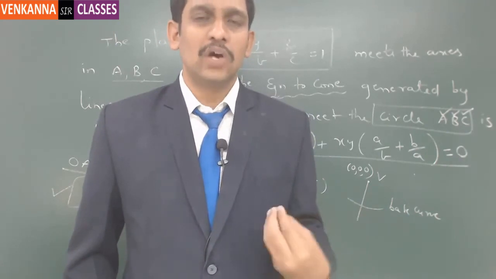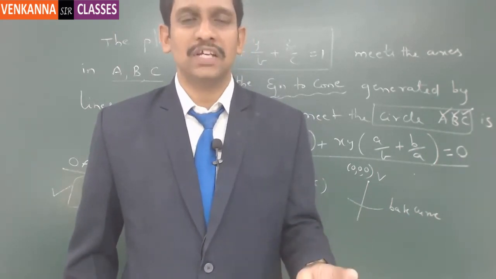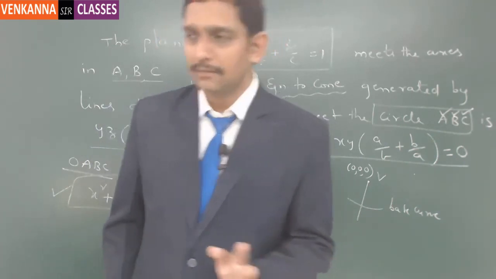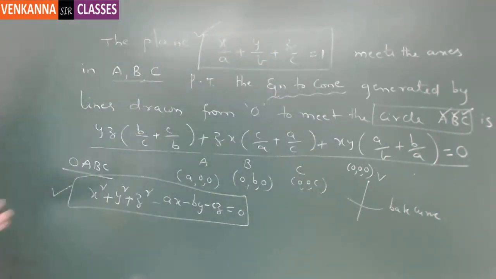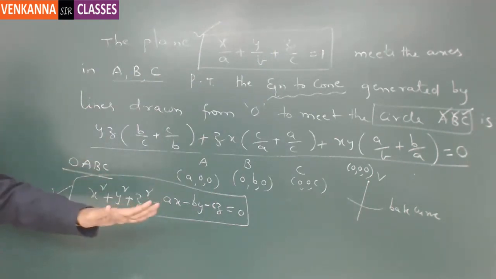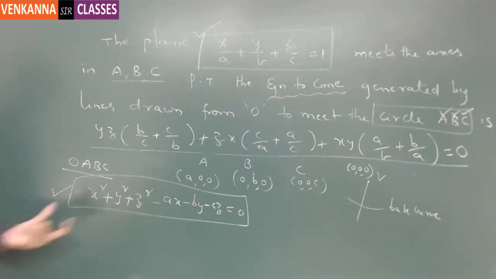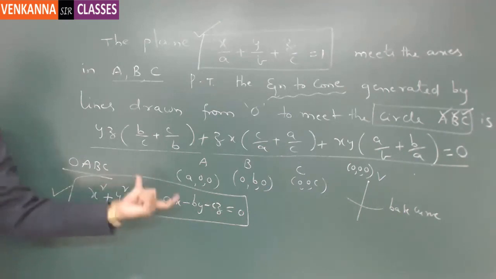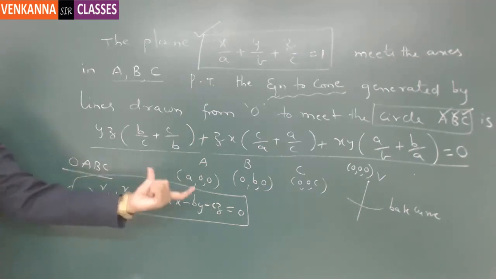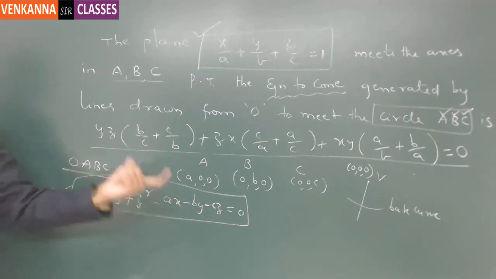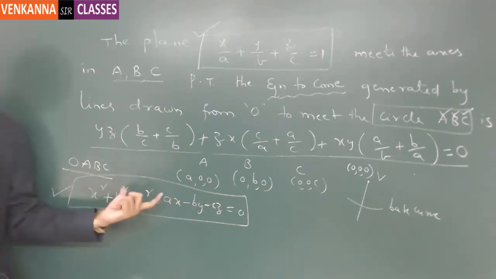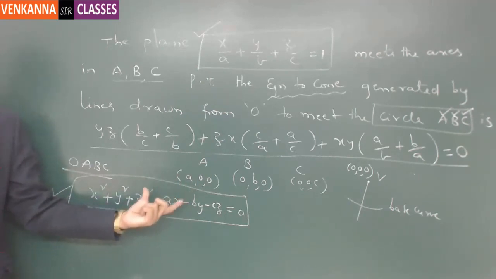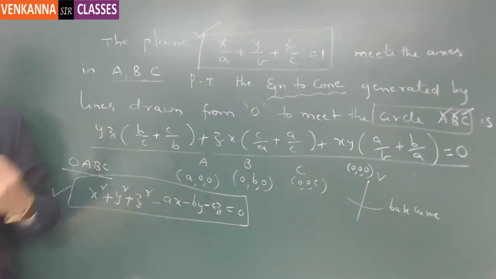So whenever the vertex is origin, always we get a homogeneous equation that will represent a cone. Clear? So if I find a homogeneous equation passing through origin, that is nothing but the required cone equation. Now, from this sphere equation, if I make this homogeneous, then I will get the required solution. That is the main idea behind it.